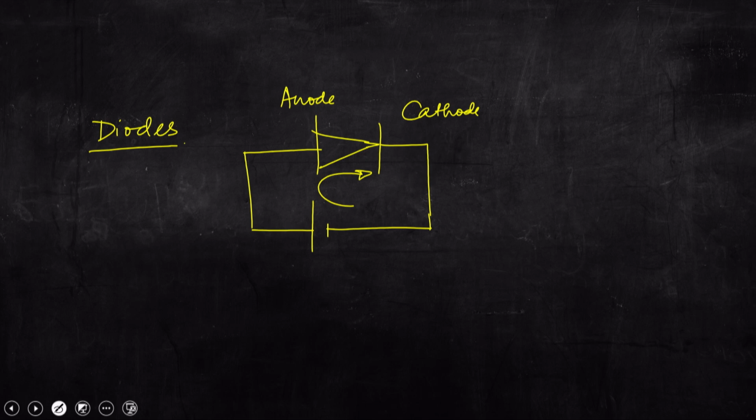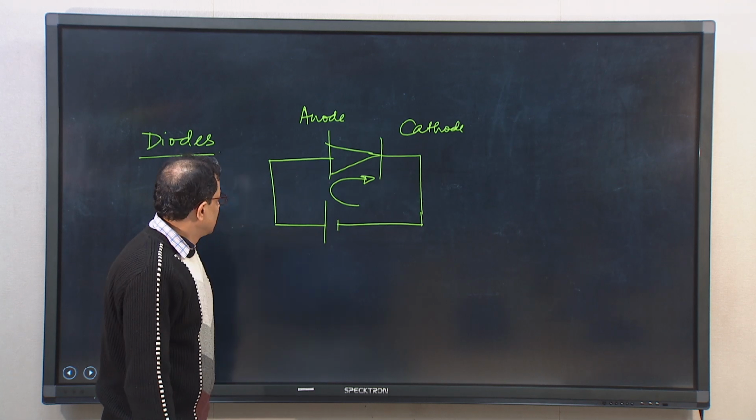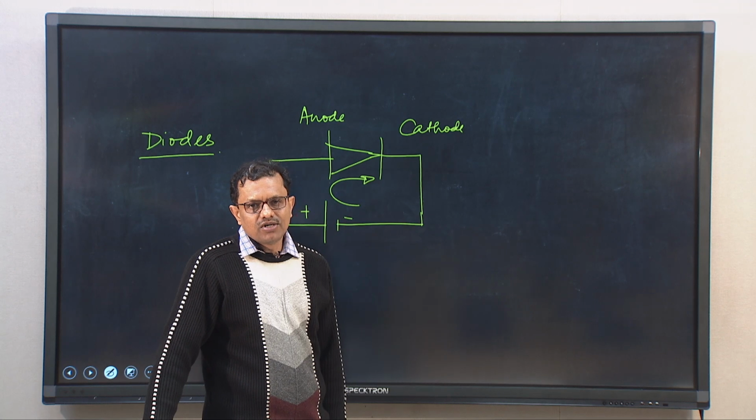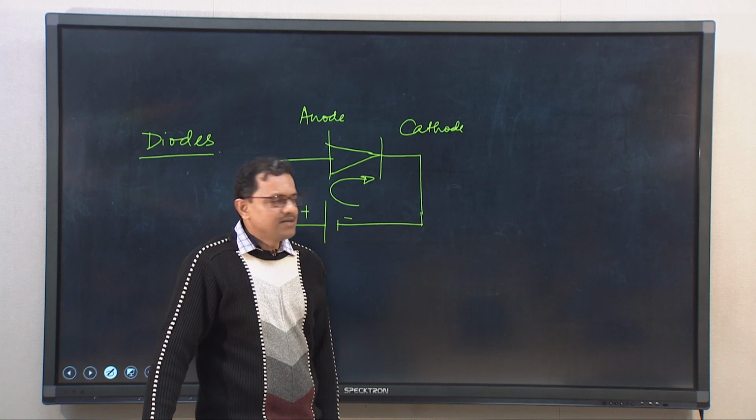That is what we discussed in the previous class, and this is the positive terminal and this is the negative terminal. We also discussed that anode is essentially a p type semiconductor and cathode is an n type semiconductor.